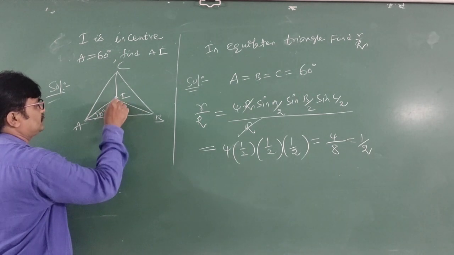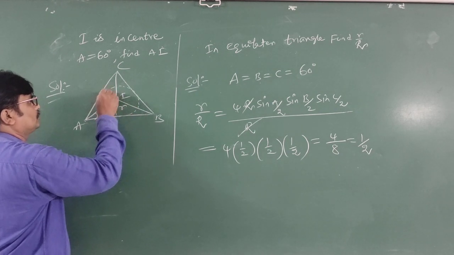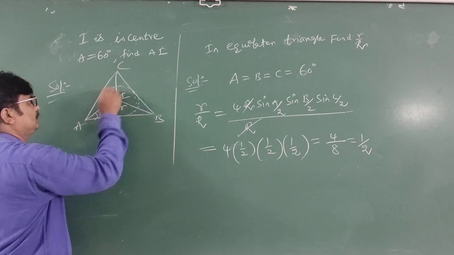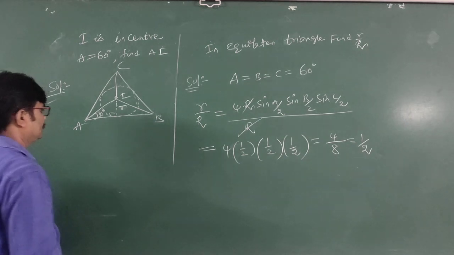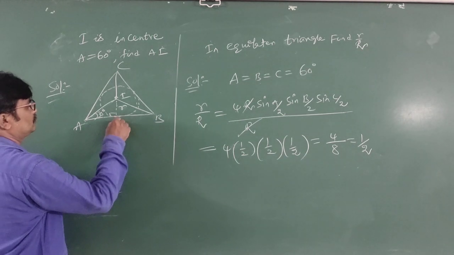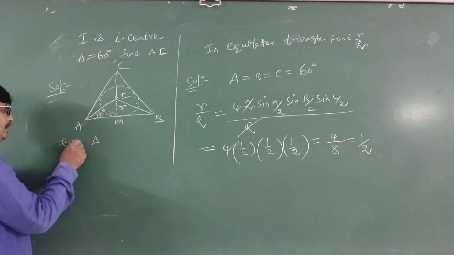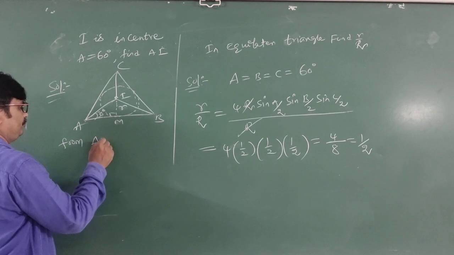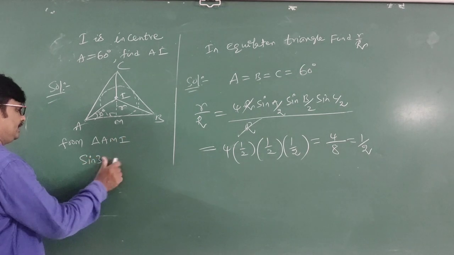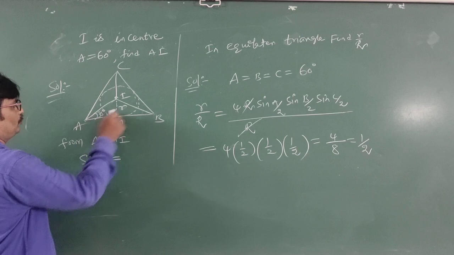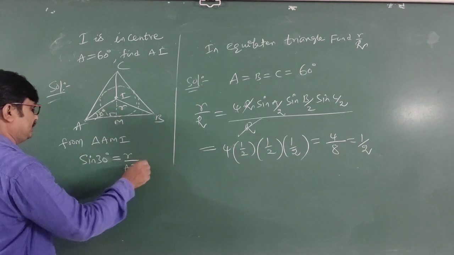We know that the incenter is equidistant to the sides. So students, what we observe here from the triangle, my dear students, in triangle AMI, sin 30 degrees equals opposite side by hypotenuse, which is R by AI.